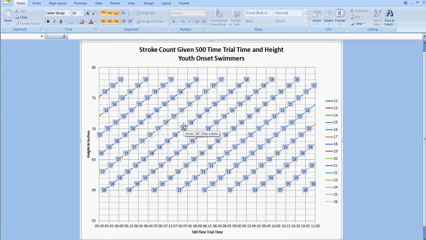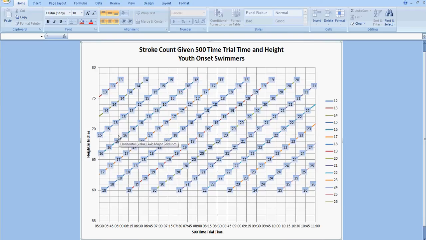And here's the first example, YOS, meaning a youth onset swimmer, somebody that's been swimming since before they were 22. This is actual data. I've got somebody whose time is 5:59, so right at 6 minutes, and this person is 5'9", so 69 inches.